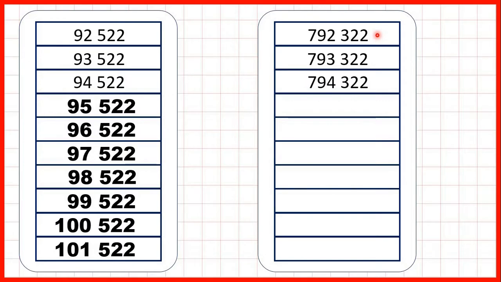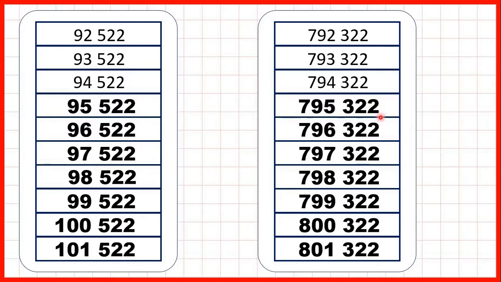Now we have 792,322, 793,322, and 794,322. If we show the next numbers, again we can see that counting on in thousands is just like counting on in ones.